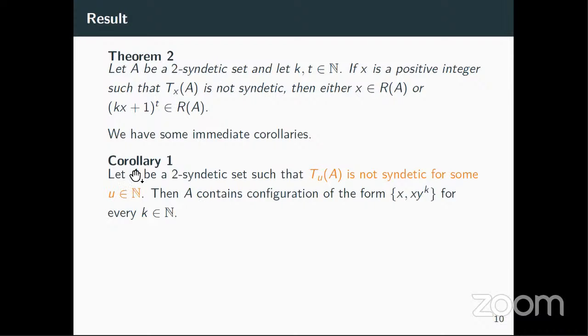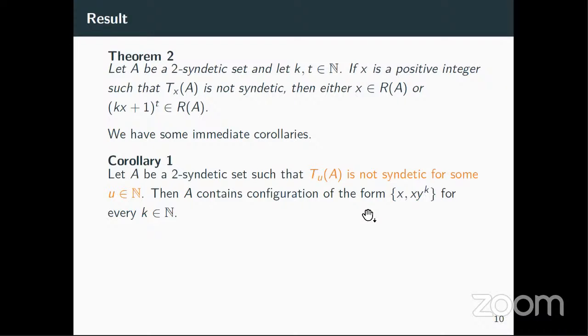So once we can prove this, we have two immediate corollaries. If you start with a two synthetic set and you can find some u, a natural number, coming from the set of natural numbers, so that Tu of A is not synthetic, then we guarantee that A contains this type of configuration, and it happens for all natural numbers k. So why are we interested in this type of results?